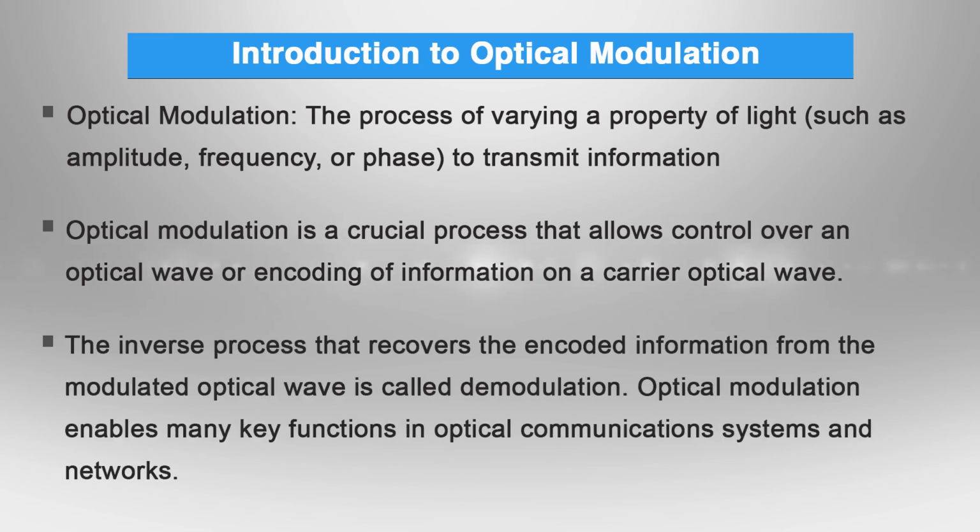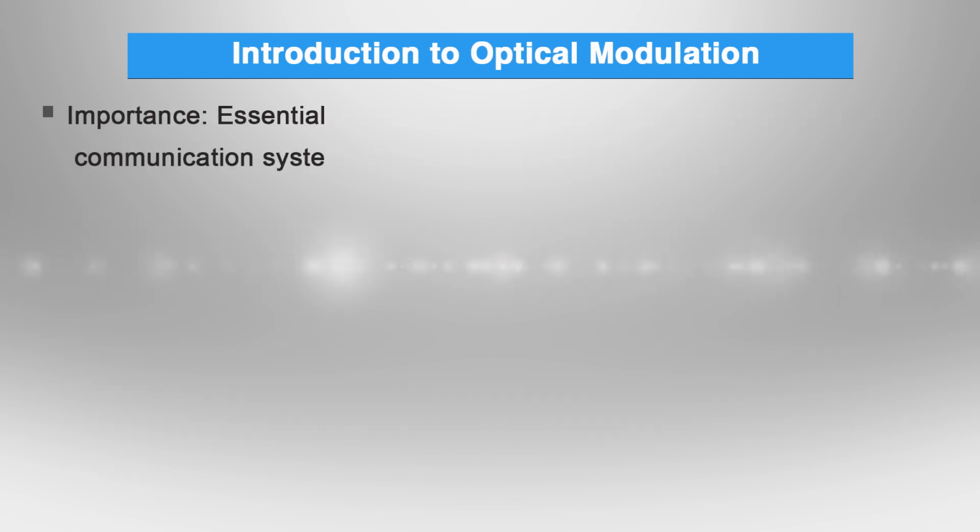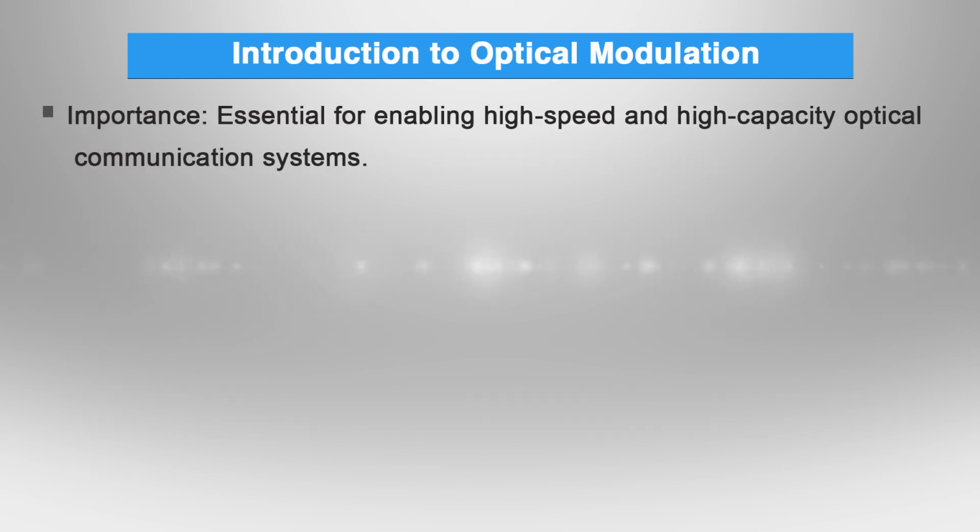The inverse process that recovers the encoded information from the modulated optical wave is called demodulation. Optical modulation enables many key functions in optical communication systems and networks. It is essential for enabling high-speed and high-capacity optical communication systems.